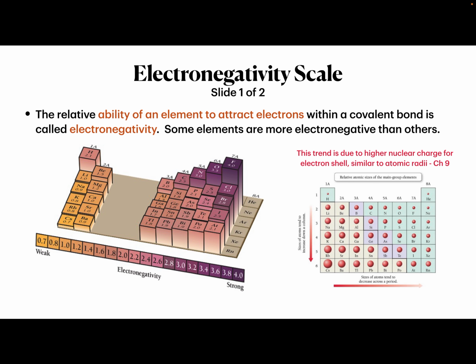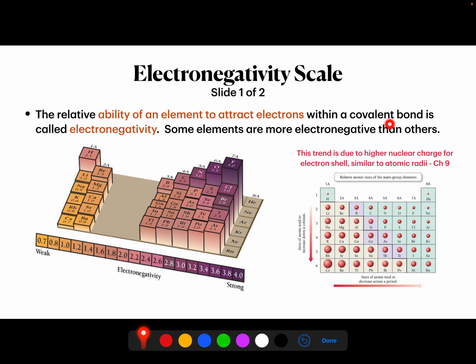First, we need to talk about a concept called electronegativity and what that means. Electronegativity is a description for an atom's attraction for electrons. When we have two atoms that are part of a covalent bond and they're sharing electrons, some atoms have a greater affinity or attraction for those electrons than others.